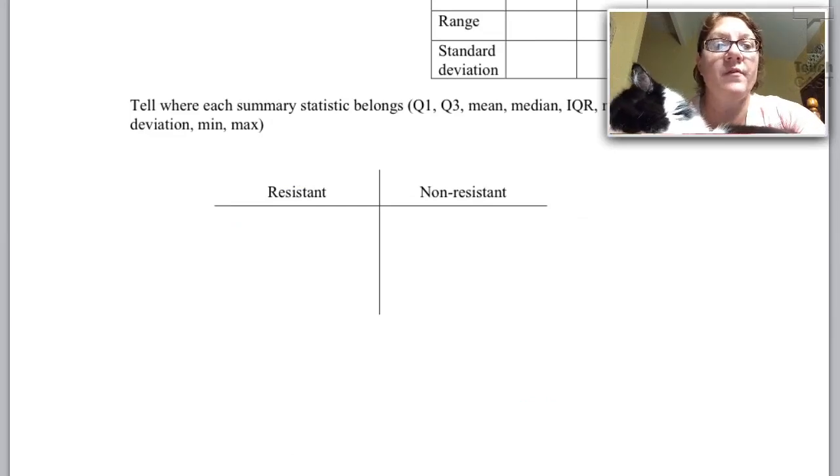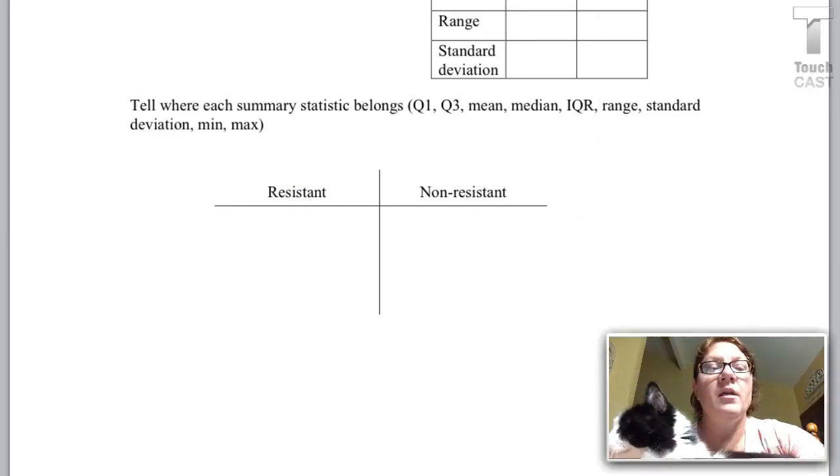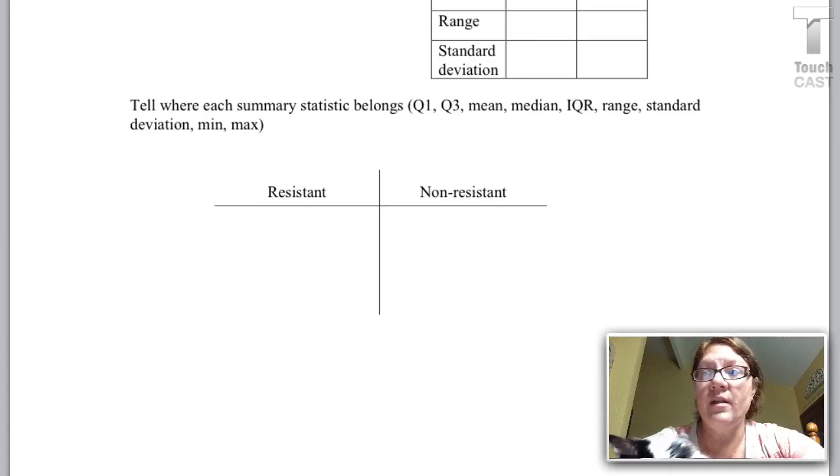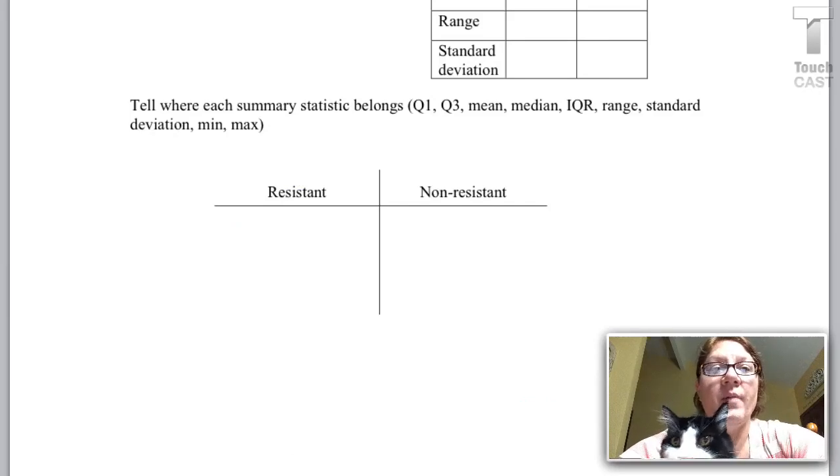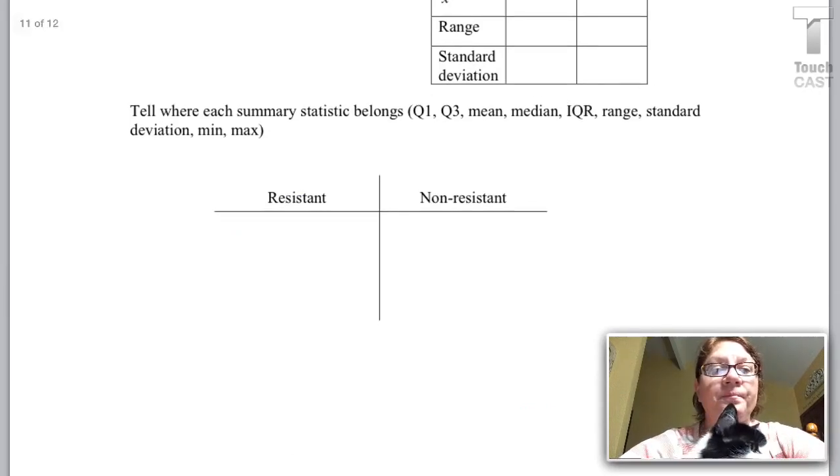What hopefully you saw from up above is that when I had the set with the outliers, notice it didn't make any difference whether I had those outliers about my quartile 1 or quartile 3 or the median.